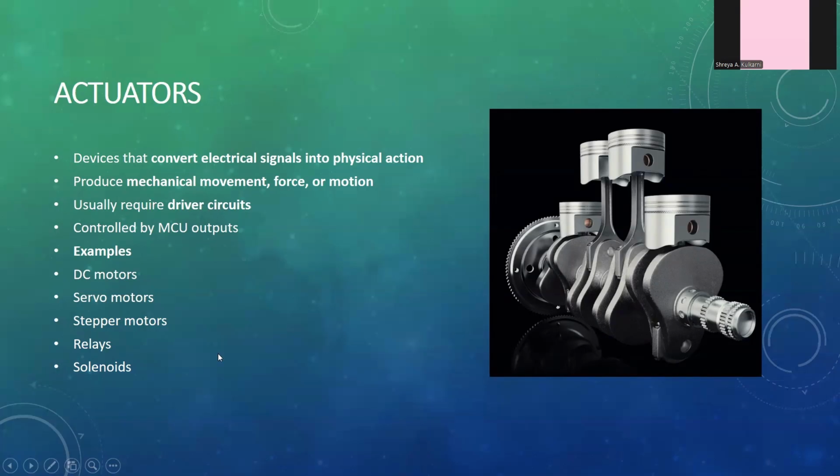For example, if you want to switch on a motor, we need an actuator. If the water level is below a certain threshold, you want to automatically switch on the water motor. This can be done with the help of actuators, and here we require driver circuits. Examples are DC motors, servo motors, stepper motors, relays, and solenoids.